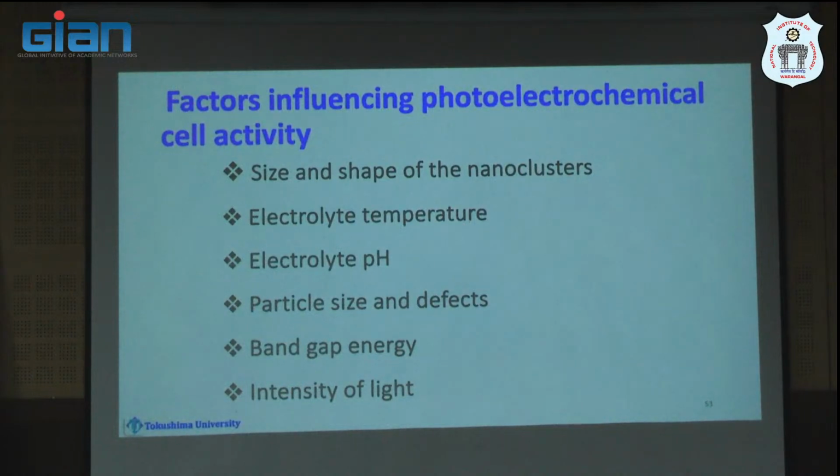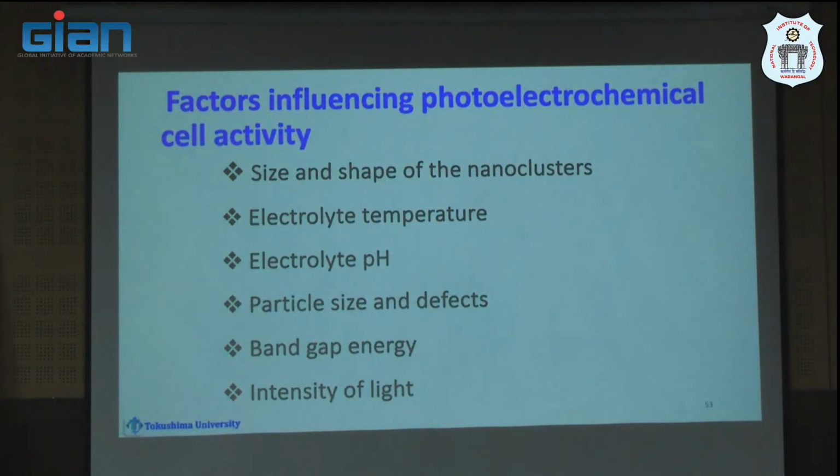One of the electrodes should be made up of semiconductor or another type of material. If it has a certain particle size or defect, it will affect the photoelectrochemical process. Then band gap energy is also important, how much band gap energy, because you are moving the charge carrier. And intensity of light, again the same thing.